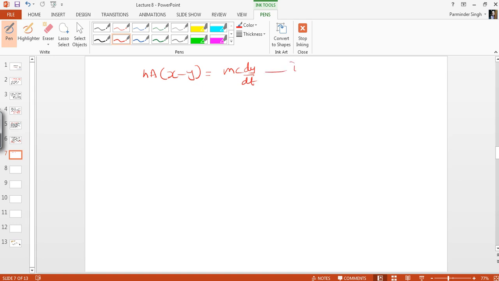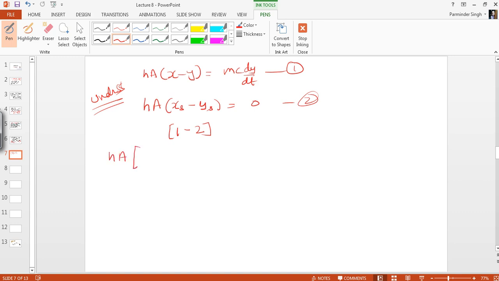Now let's say this is number 1. Under steady state, this can be written as HA(Xs minus Ys) equal to 0. Clear? So let's subtract 1 minus 2. We have HA as common.